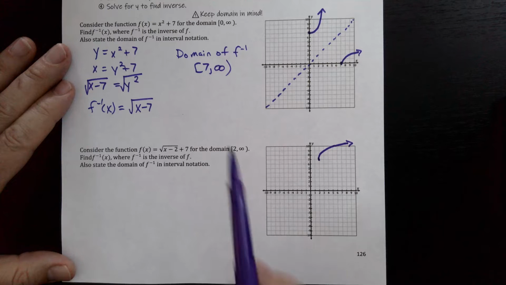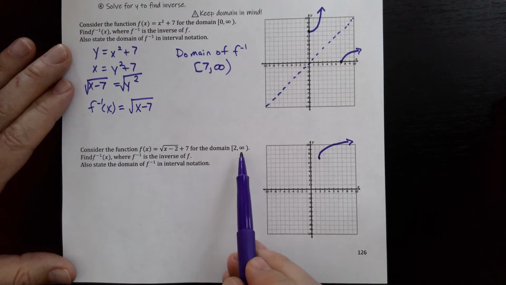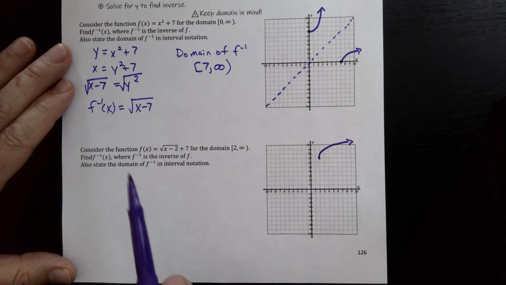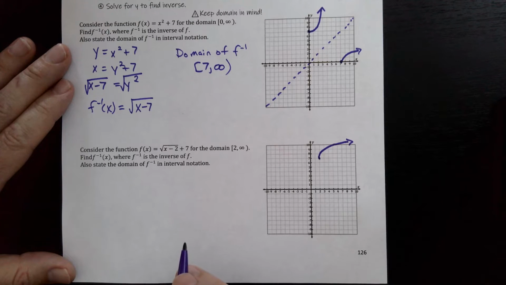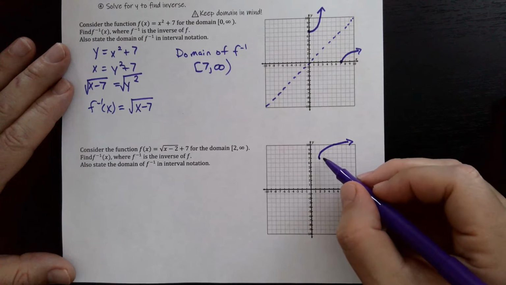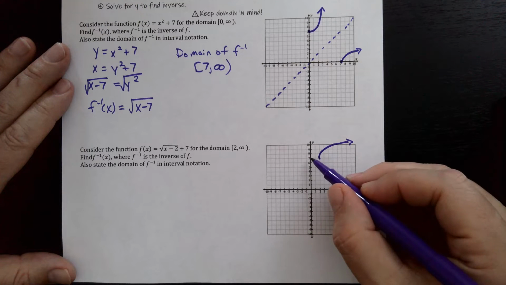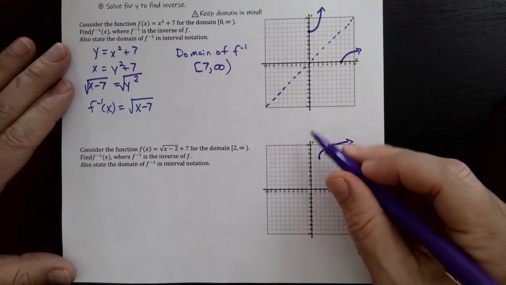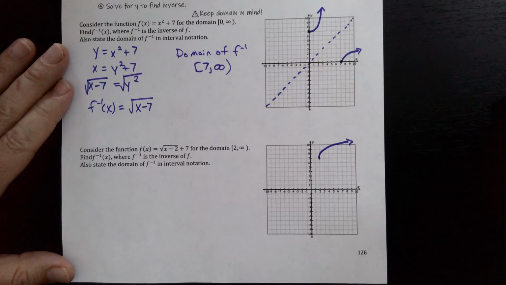We know our domain is restricted from 2 to infinity, which means the range of the inverse function is also going to be from 2 to infinity. We can look at the range of this and say it starts at 7 and keeps going up forever. So the range of the original function is from 7 to infinity, which means the domain of the inverse function needs to be from 7 to infinity.